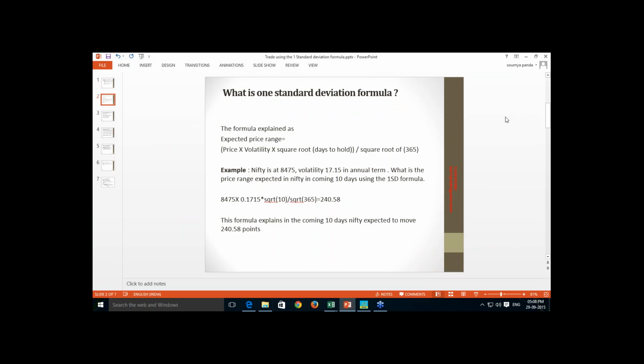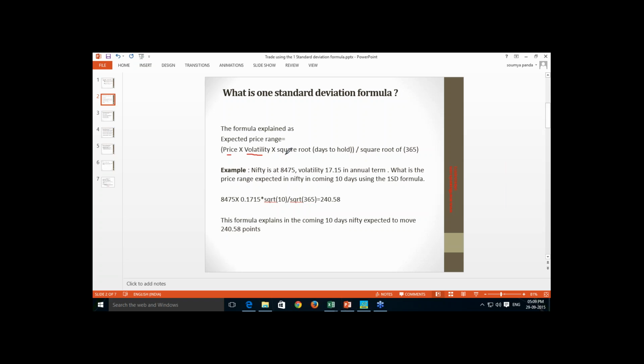So what is this formula of one standard deviation? The price may be the previous day's closing price, today's open price, or the last week's last traded price; you require any one price reference. It is multiplied by volatility, which can be replaced by real-time volatility or implied volatility.